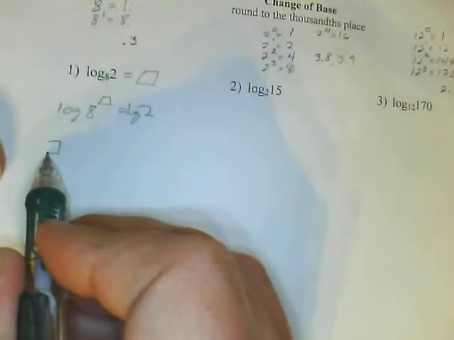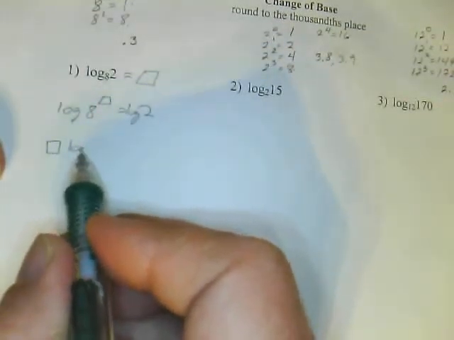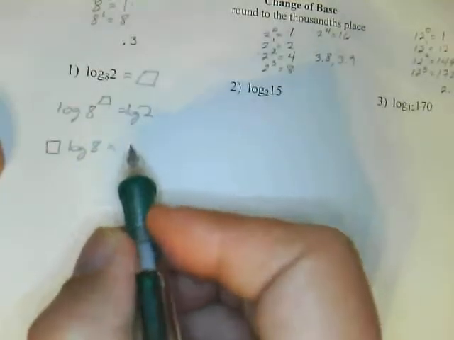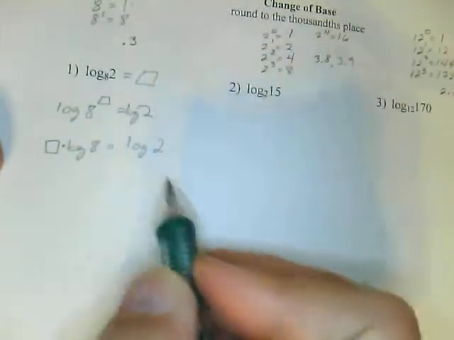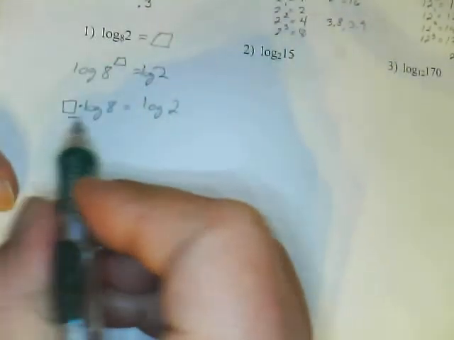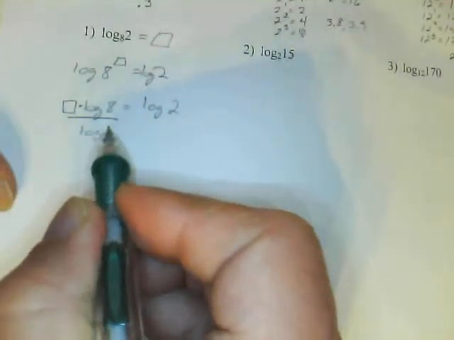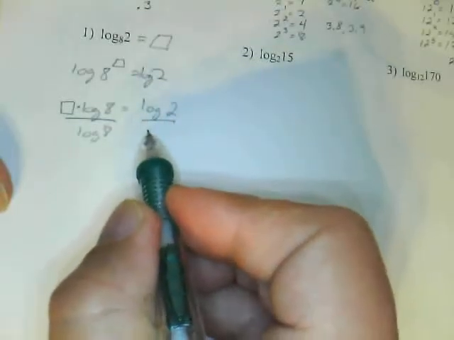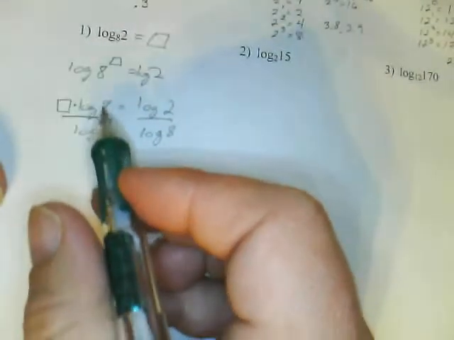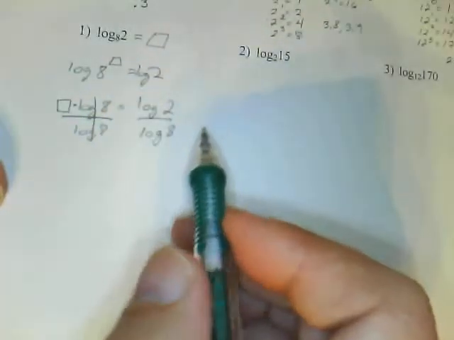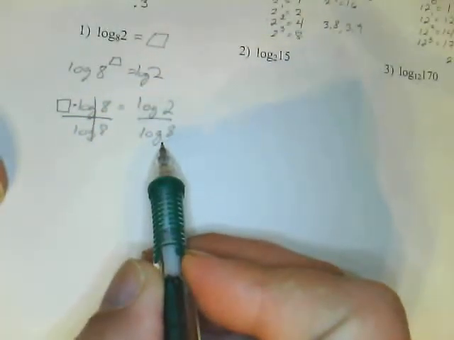So that means that something times the log of 8 gives me the log of 2. Now that it's multiplication, I'm going to do the opposite and divide both sides by the log of 8. These two will cancel each other out, meaning that the log of 2 divided by the log of 8 will give me this number that I'm actually looking for.